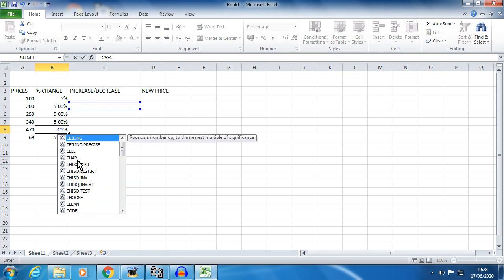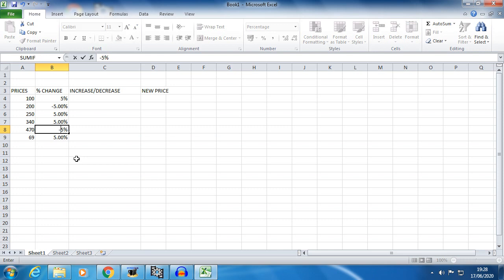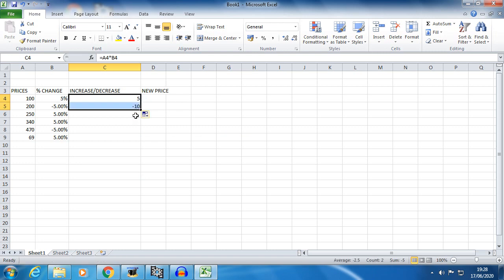So just press minus, press enter. Okay, so we're going to put that formula in again, equals this times this. Okay, so that one gives us 5. But you can see it says minus 10. So we're taking away 10 from 200. Let's do that. You can see we get some different answers.